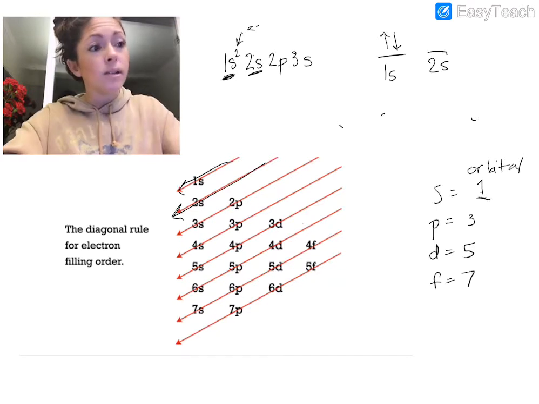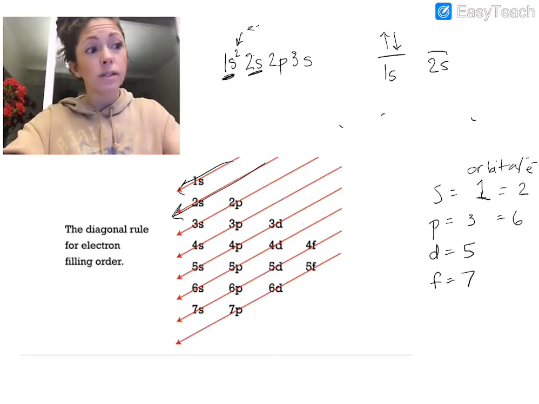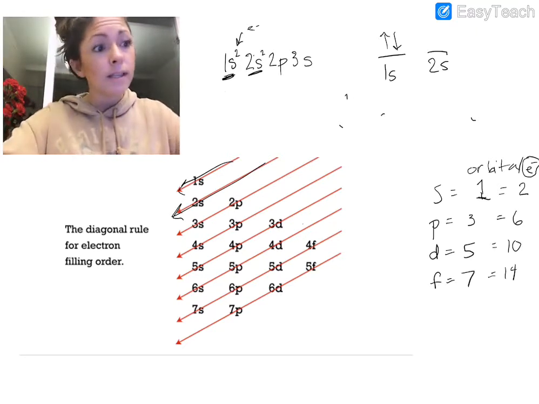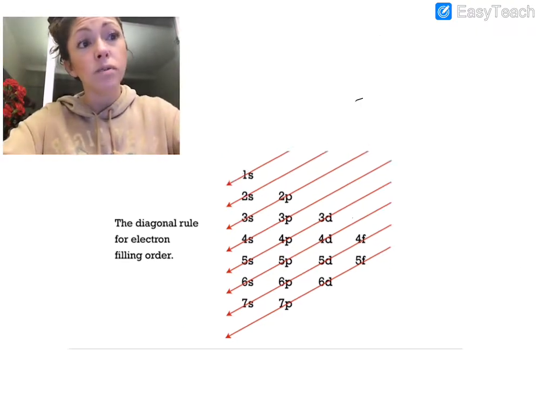And remember, each orbital can contain 2 electrons. So the s sublevel can hold 2 electrons total. The p sublevel can hold 6 total electrons. The d can hold a total of 10, and the f can hold a total of 14.